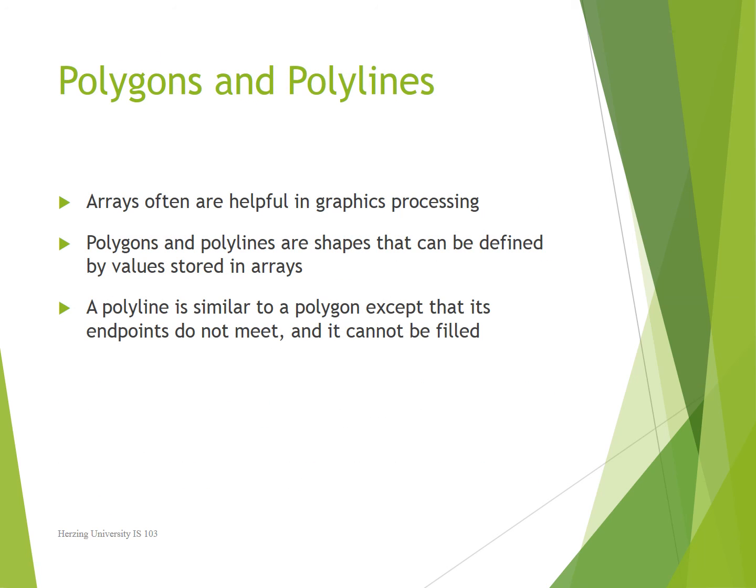Polygons and polylines. Arrays are often helpful in graphics processing. Polygons and polylines are shapes that can be defined by values stored in arrays. A polyline is similar to a polygon, except that it has endpoints that do not meet and it cannot be filled.